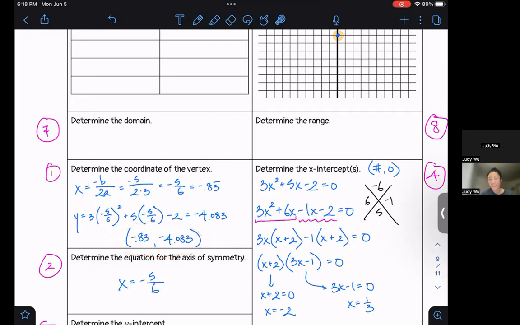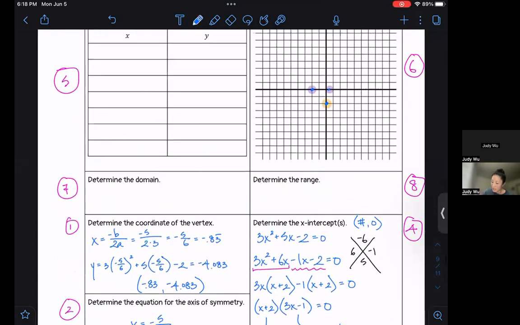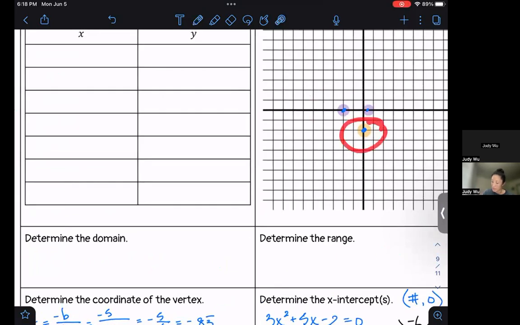So what I'm going to do instead is I'm going to say, let's put in some whole number values based off of what we have down here and use those as a way to make sure we're plotting the right points, okay? So it's not the vertex, but I'm going to put 0 comma negative 2 in that middle spot, okay?